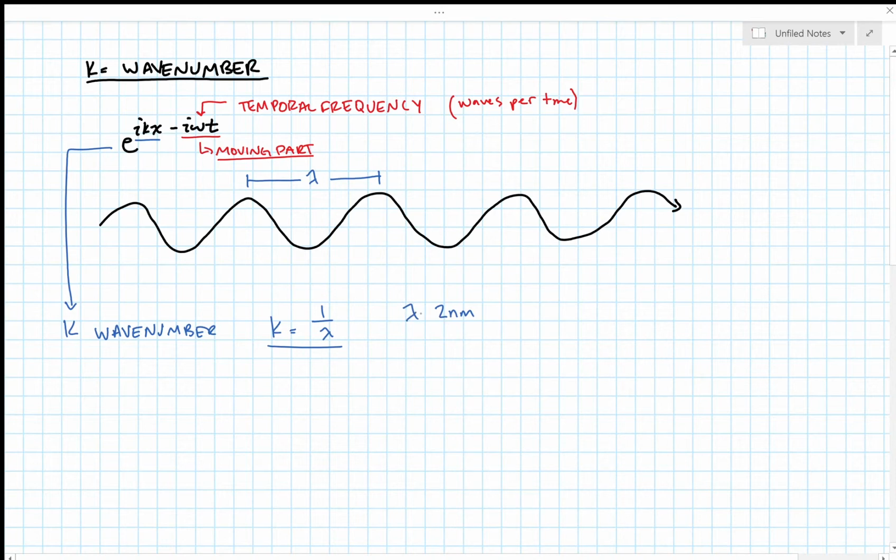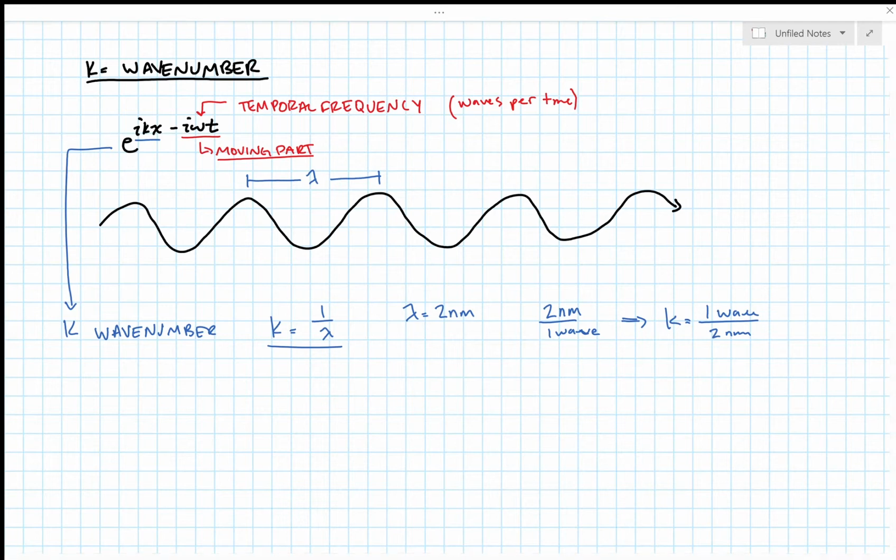So if you had a wavelength of 2 nanometers, basically what that tells you is it's 2 nanometers per 1 wave, right? Which means the wave number is the inverse of that. You actually just flip the fraction. So that gives me K is 1 wave per 2 nanometers, right? So if you have a wavelength of 2, you have a wave number of 1/2. They sort of flip each other.